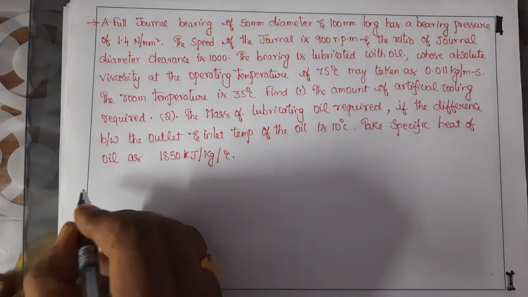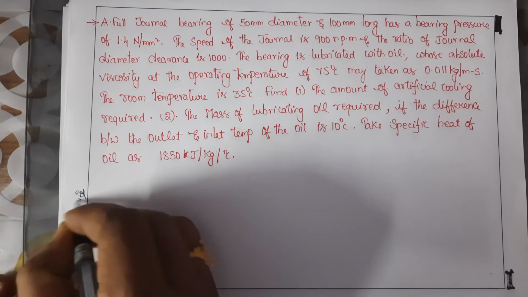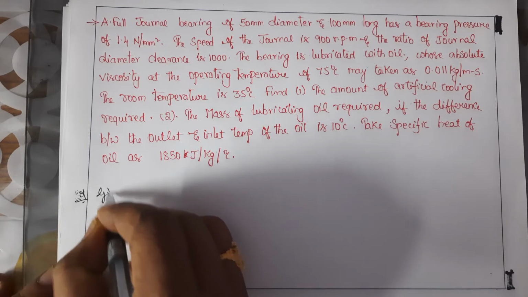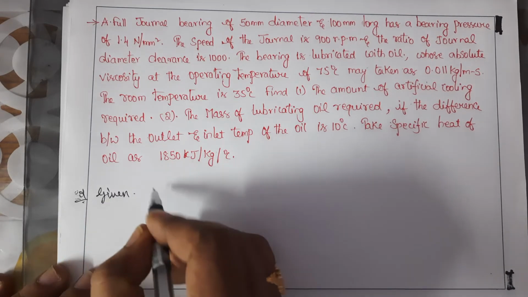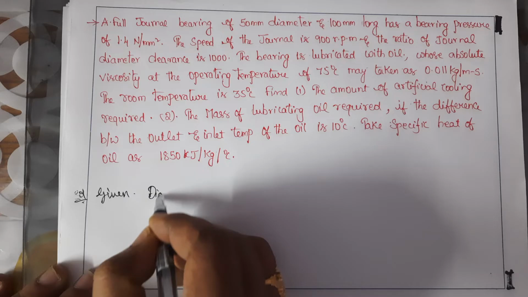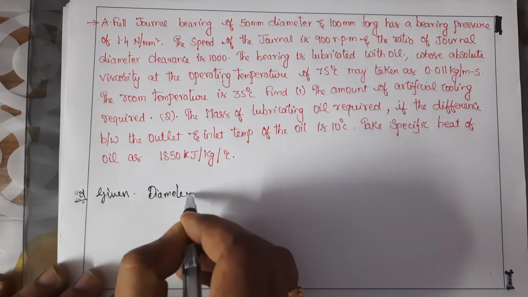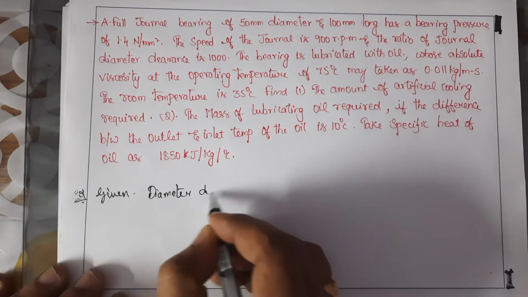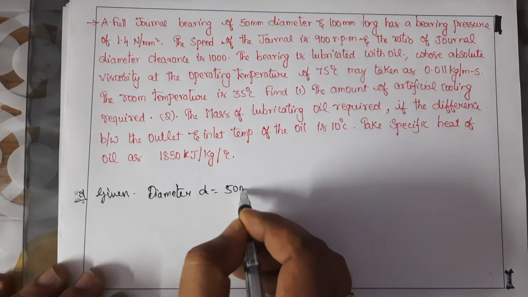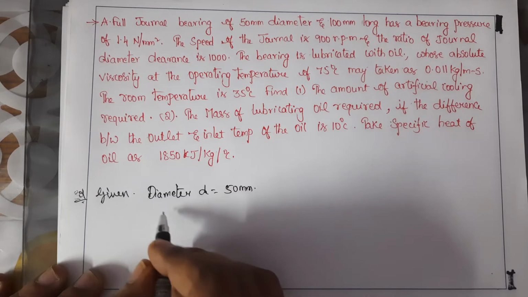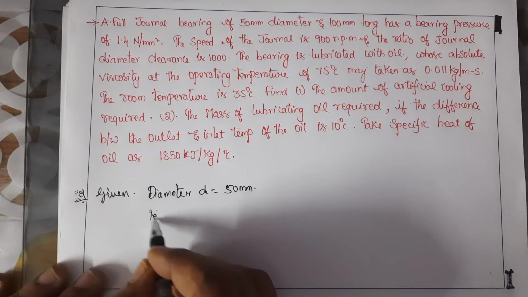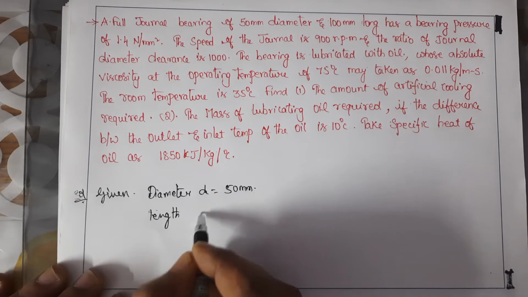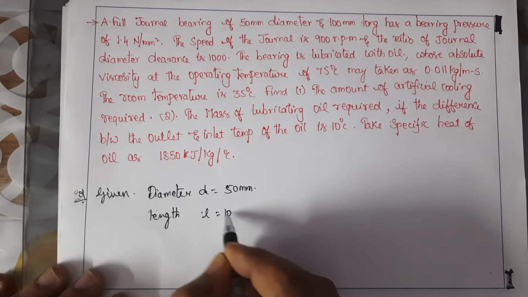The first thing we have is the diameter. He has given the diameter of the journal bearing as 50 mm. The next thing he has given is length, L is equal to 100 mm.